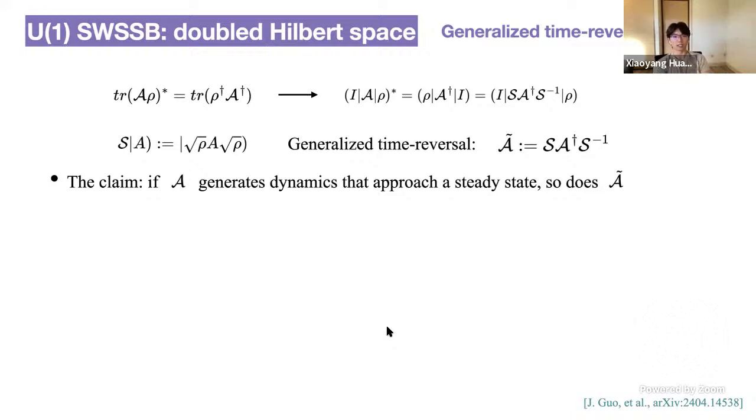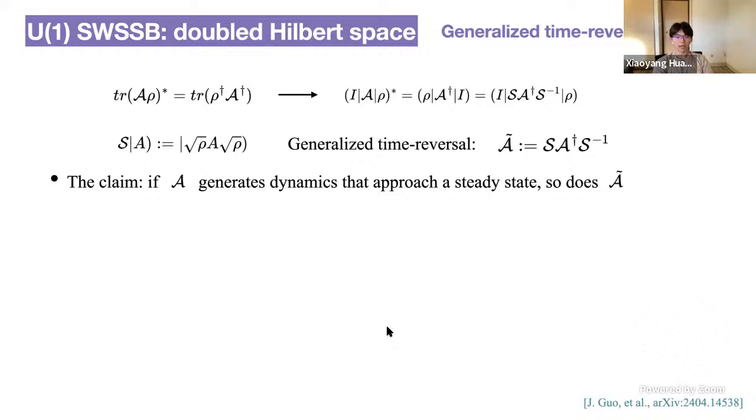And if you phrase it in the double Hilbert space, we can define a so-called operation called tilde, where you change your original operator A to A tilde by conjugating with the S operator, which is defined on the slide, and also taking the dagger of that.